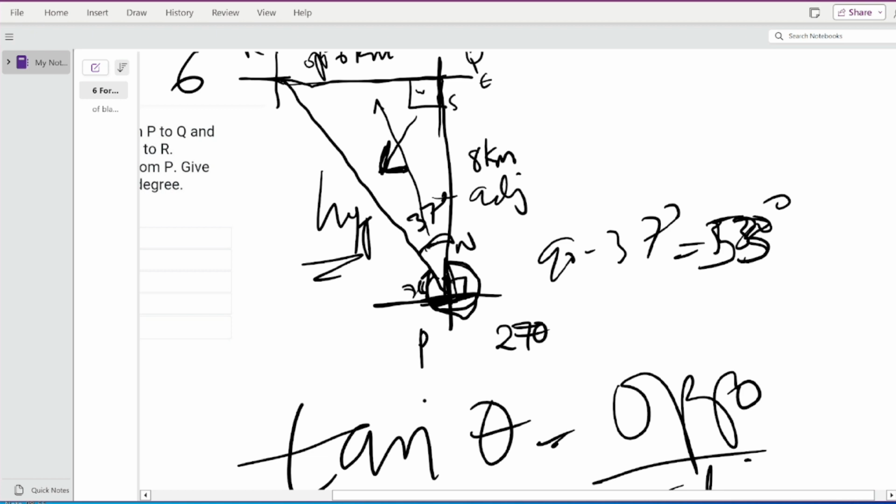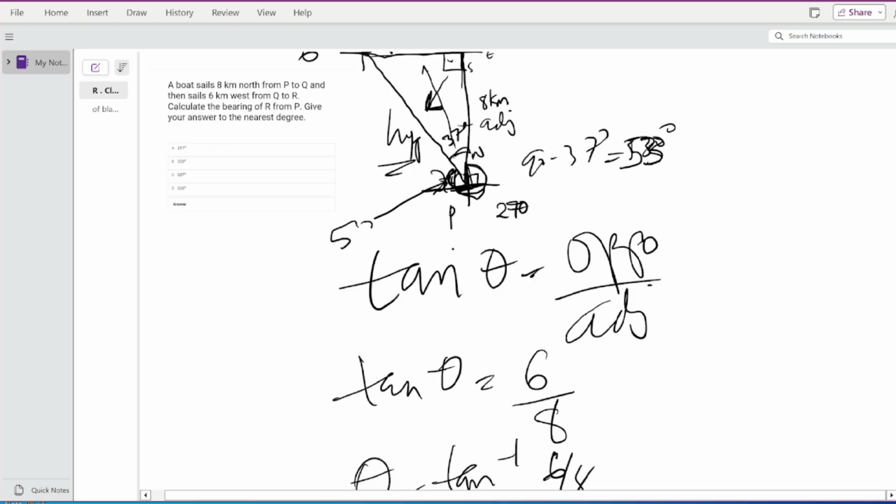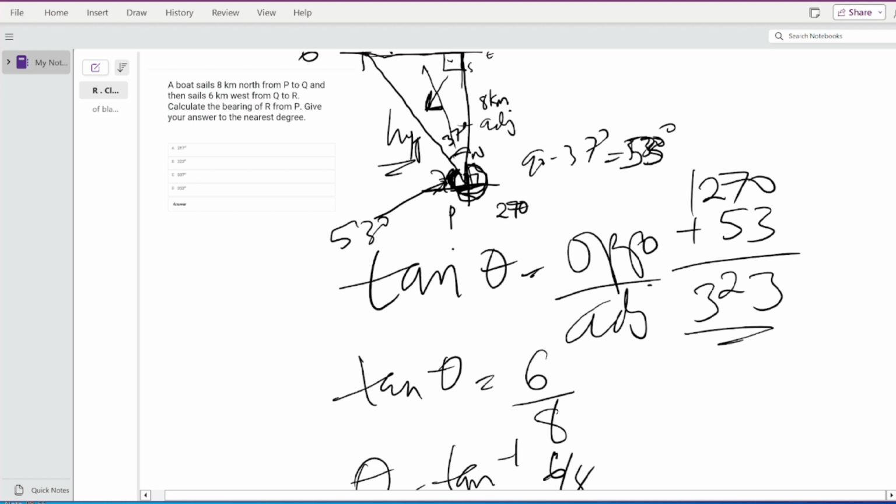That means this X is 53 degrees. So we had to travel 90, 180, 270. Then the left angle out of 90 is 53. So we're at 270 plus 53. That's 323 degrees. Our final answer is 323 degrees, which is B.